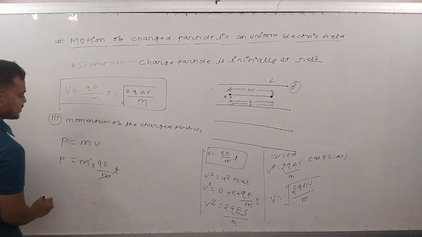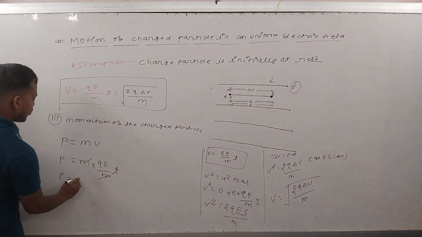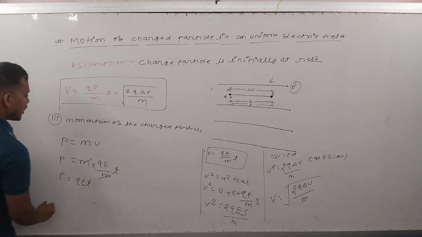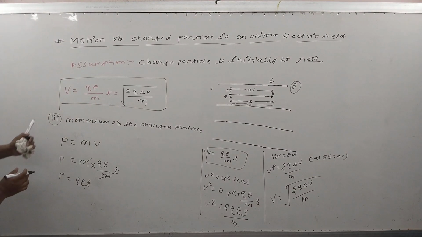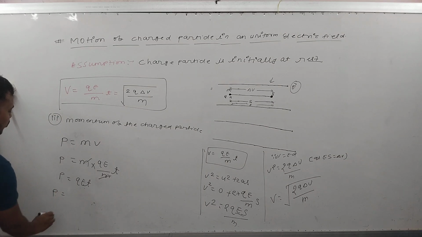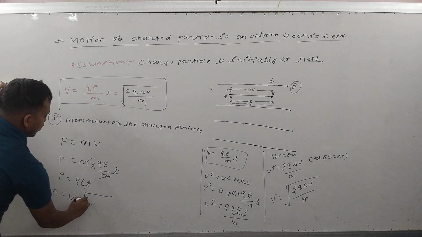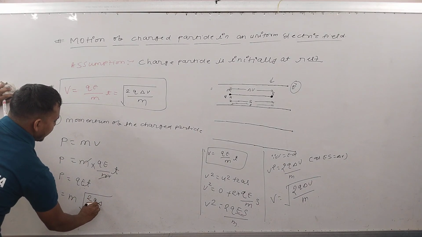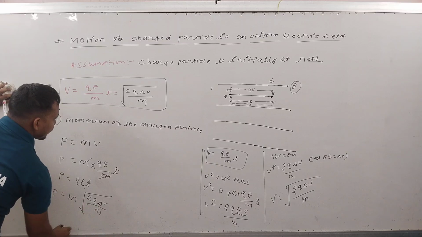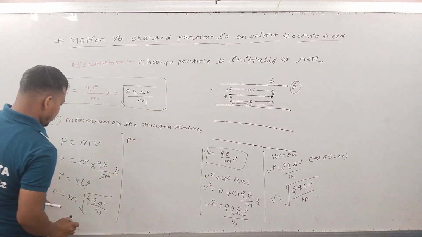The m cancels, so momentum is equal to qEt. And in terms of del V, p is equal to m under root of 2q del V by m.